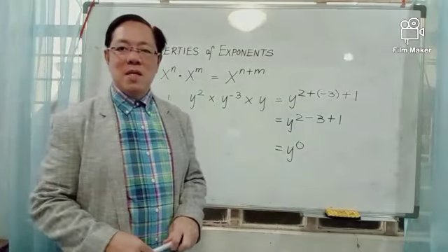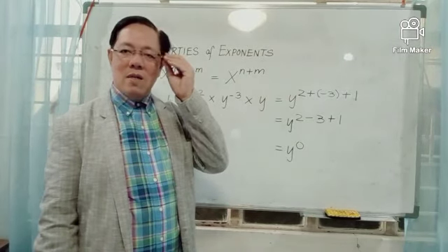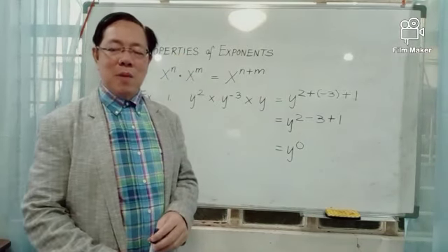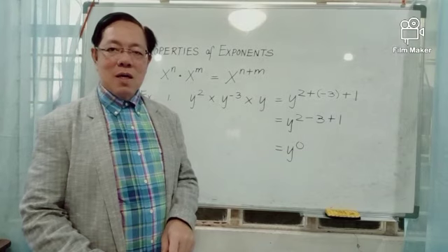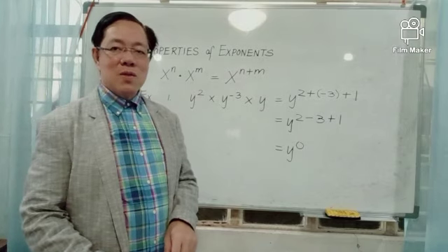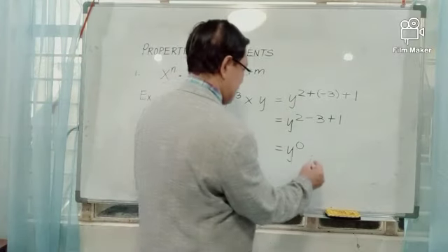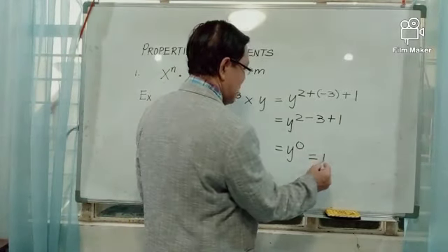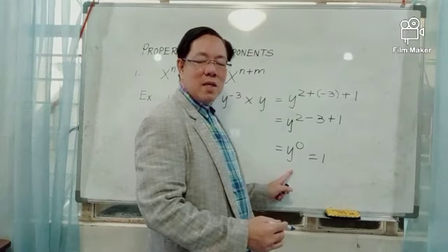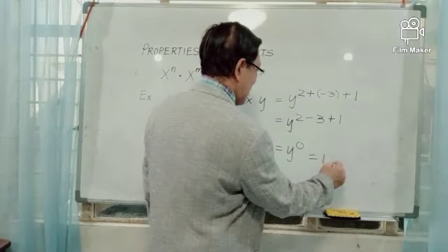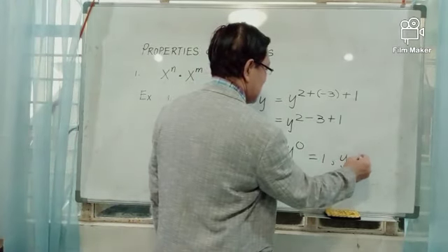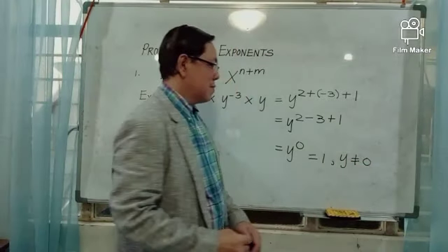One of the properties of exponents is that if the base is raised to the power 0, such as y to the power 0, it is 1. And this is true provided that the base y is not equal to 0.